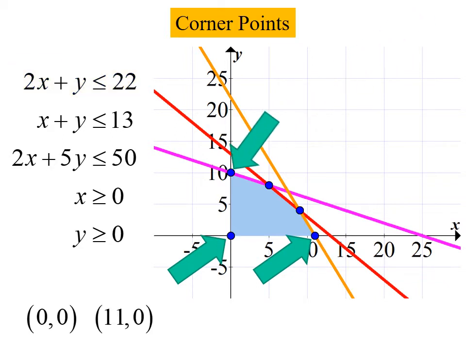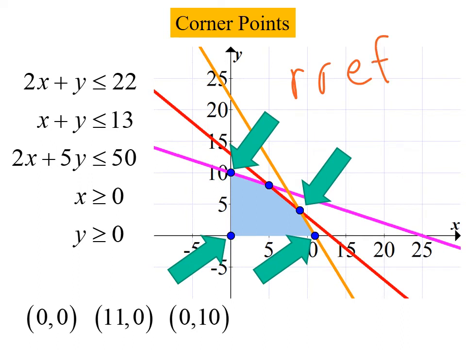Here's another corner point. We can probably tell by looking, but remember that's the pink graph, and it crosses the y-axis at 50 divided by 5. And we can find this corner point, like we did in the previous chapter, by using our Gauss-Jordan method and the RREF.